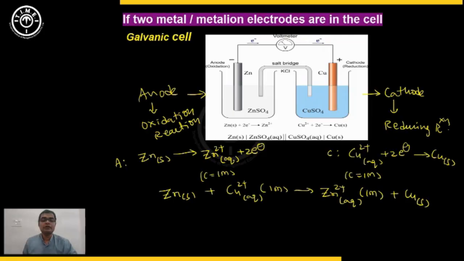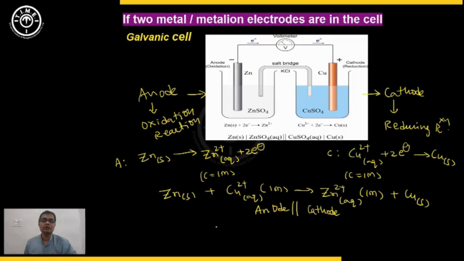While you are notating the cell, first, the anode is kept on the left side conventionally, and the cathode is kept on the right-hand side, and the two electrodes are separated by two vertical parallel lines. This is called the salt bridge.